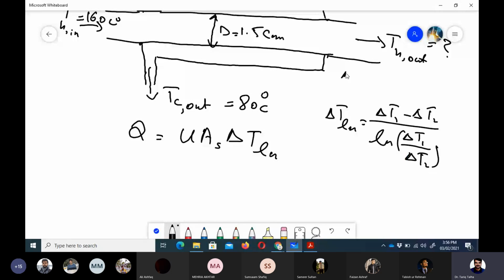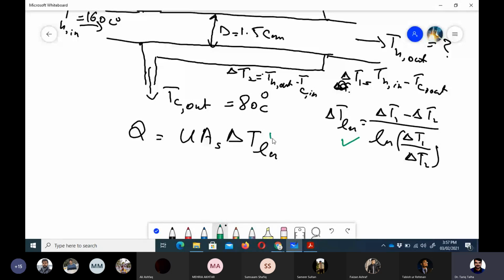Now delta T1 here would be equal to TH in minus TC out, and delta T2 would be equal to TH out minus TC in, right? So these are the two temperature differences, but here TH out is not known. Once we find TH out, we would be able to find delta T logarithmic.